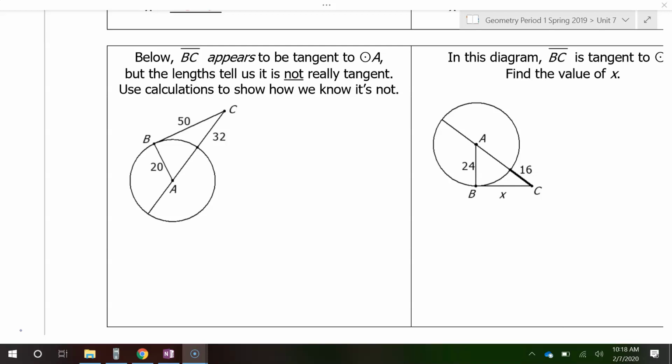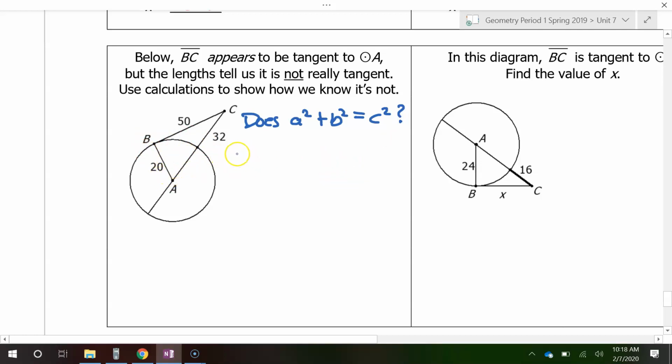That means that this should be a right triangle. So we ask ourselves the question, does a squared plus b squared equal c squared? And if the answer is no, then that proves that this is not a tangent.